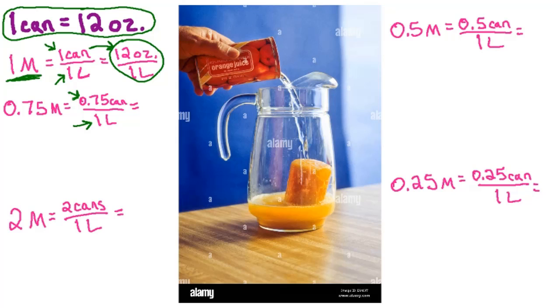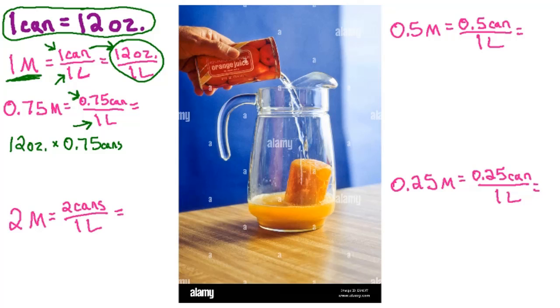So if we only have 0.75 cans of frozen orange juice concentrate in 1 liter of water, and 1 whole can equals 12 ounces, well then we can take that 12 ounces in the can and multiply it by that 0.75 cans that we used.